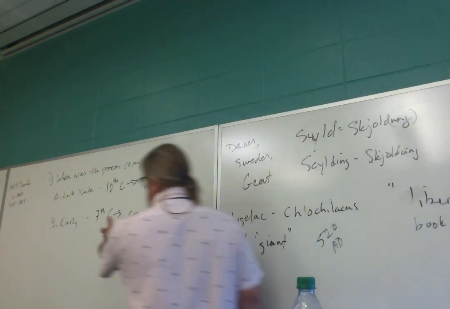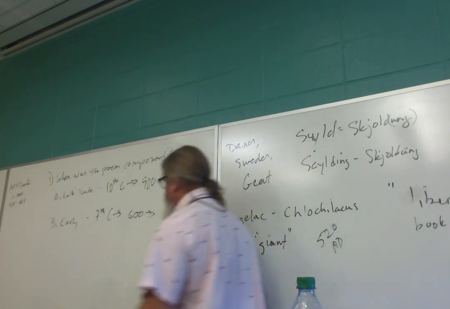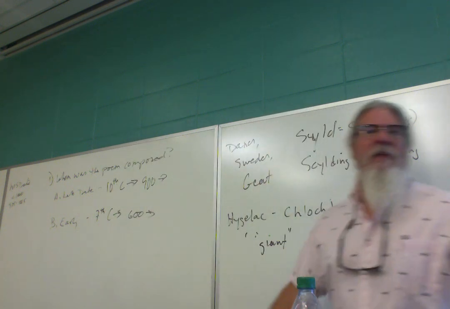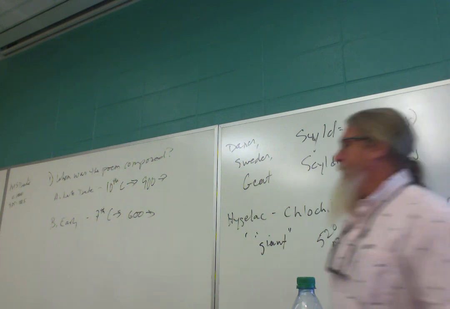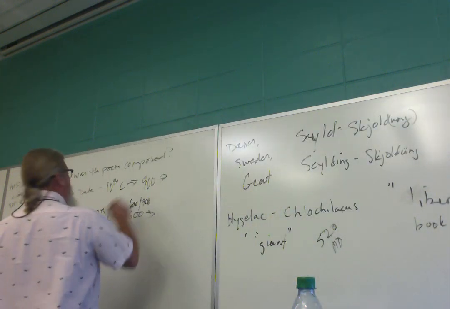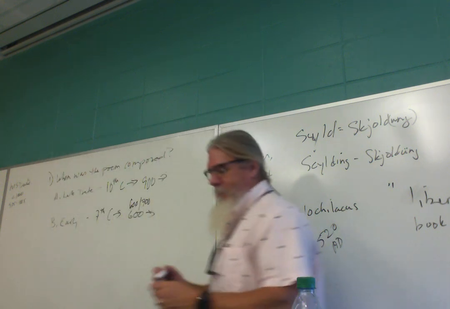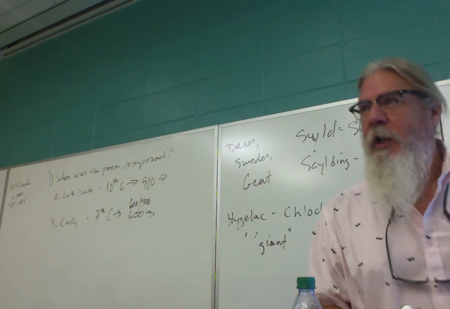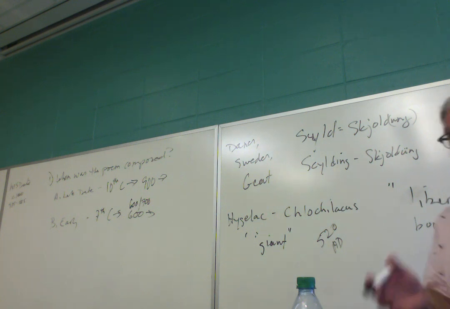So early, let's talk about this for a moment. If it dates from 600, let's say, or even 600, 700, that means the action of the story is within 100 to 200 years of the actual events in the story.